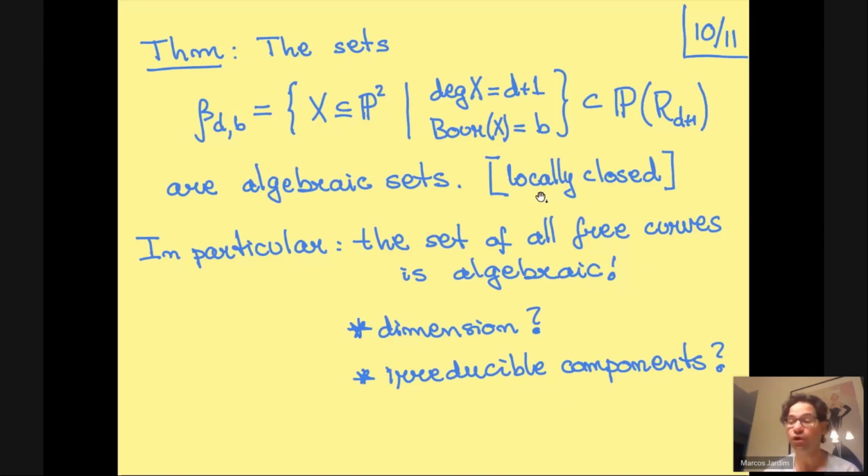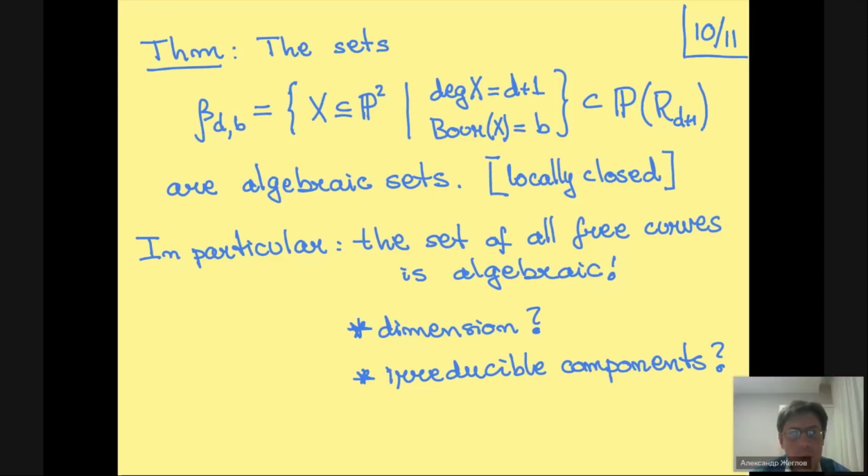Yes. No, there is no action, no quotienting by the automorphisms of this projective space here. Okay. So this means only on coefficients. As you said, being free or having a fixed Bourbaki degree are polynomial conditions on the coefficients of the polynomial f. Okay. Thank you.